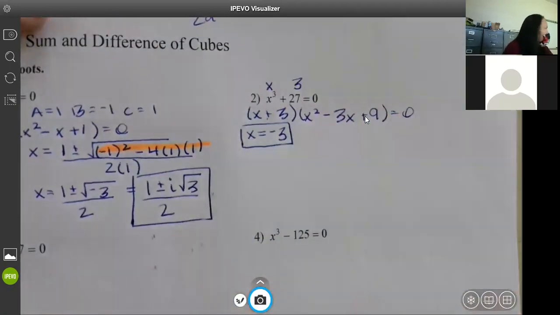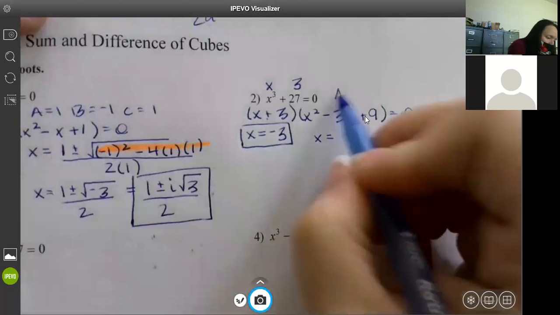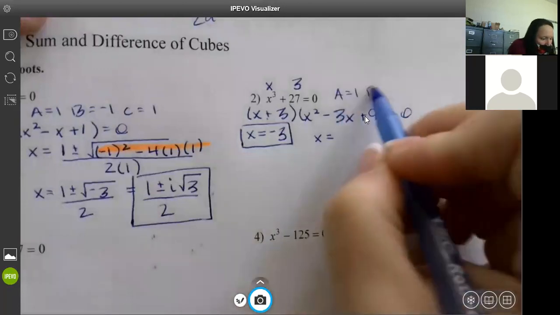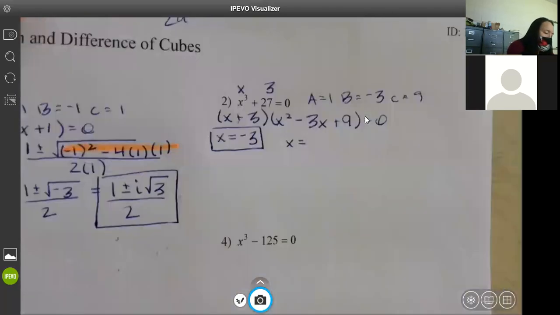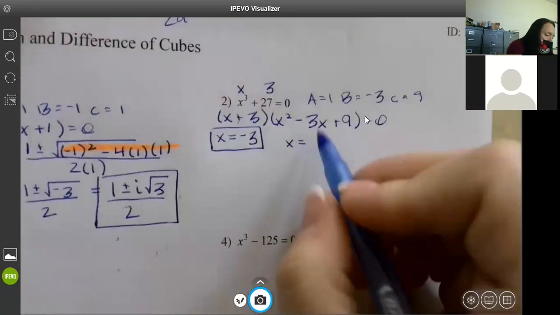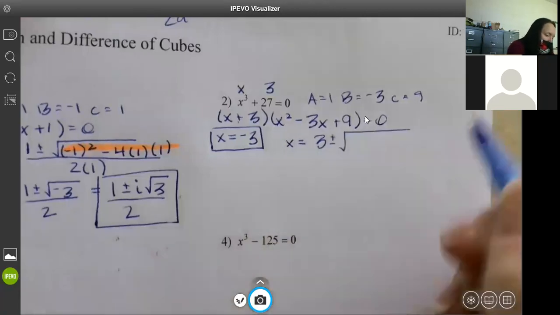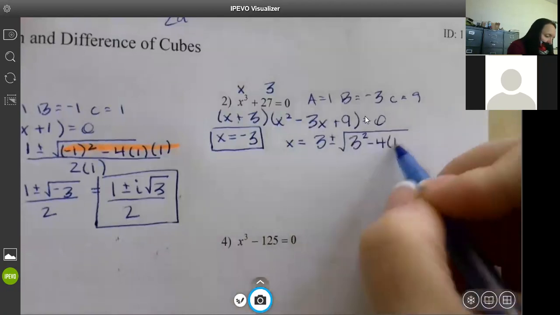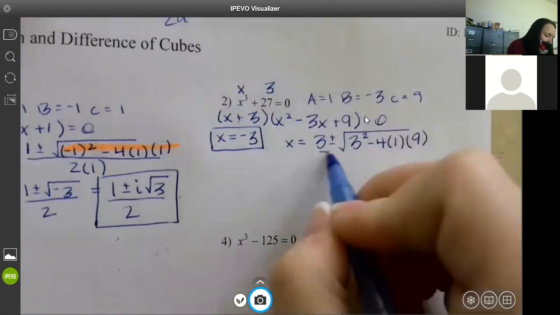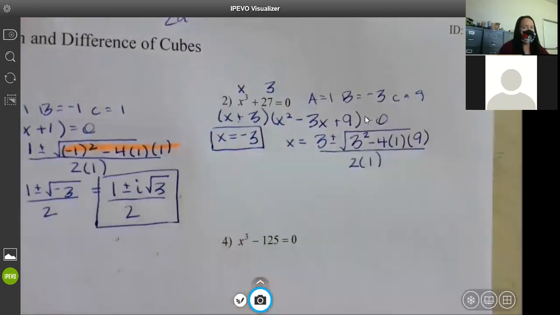The second one is always going to be quadratic formula. Always going to be quadratic formula. So x equals, a is 1, b is -3, and c is 9. So a -b is +3 plus or minus big fat square root b squared minus 4 times a times c all over 2 times a.